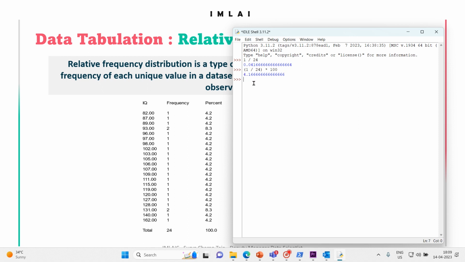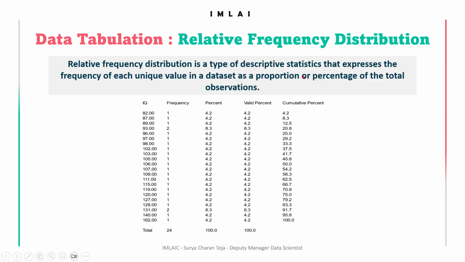And similarly 2 divided by 24 multiplied by 100 is 8.33, and here it is 8.3. And that's how we have calculated the relative frequency distribution.